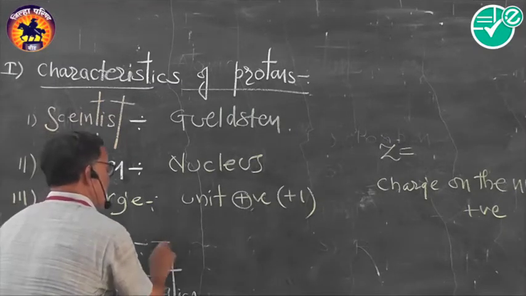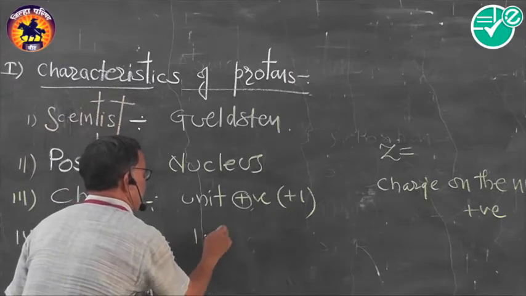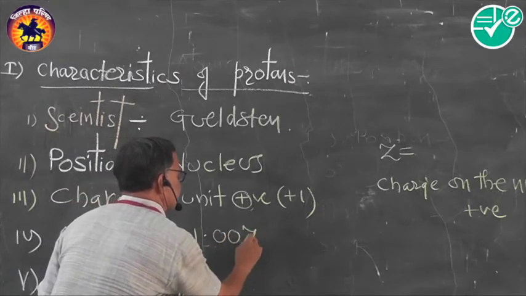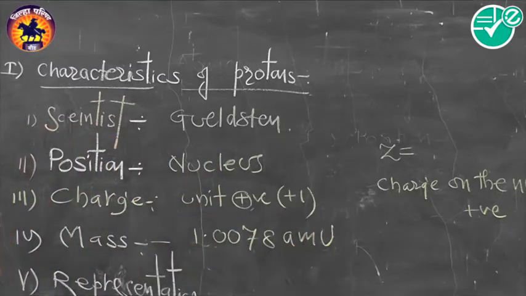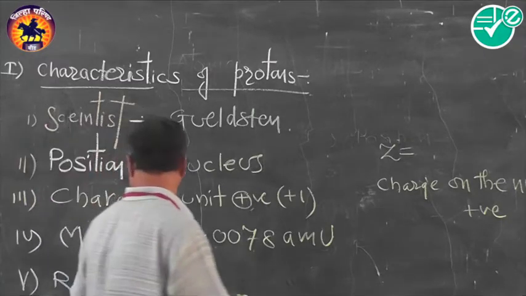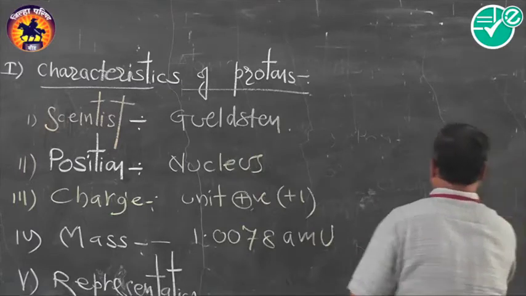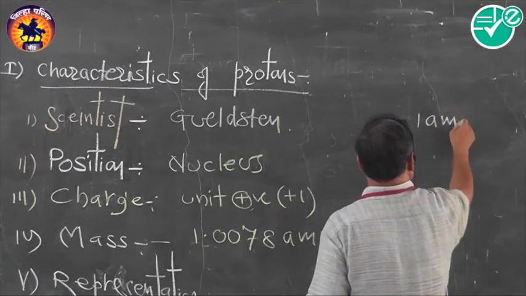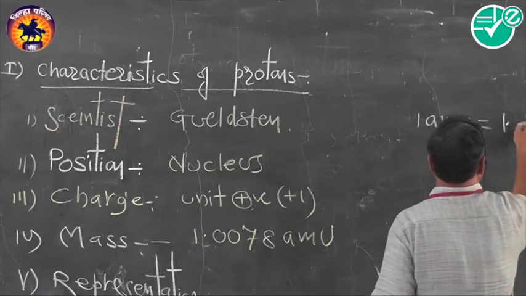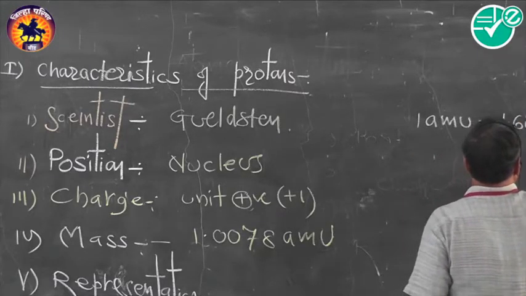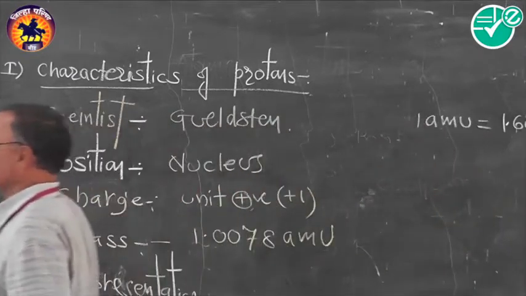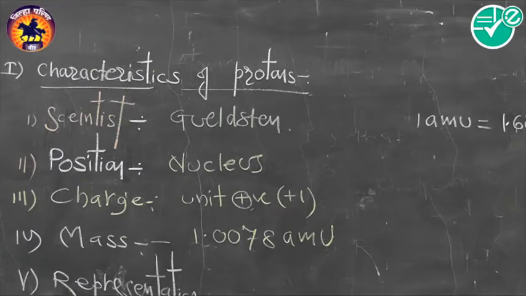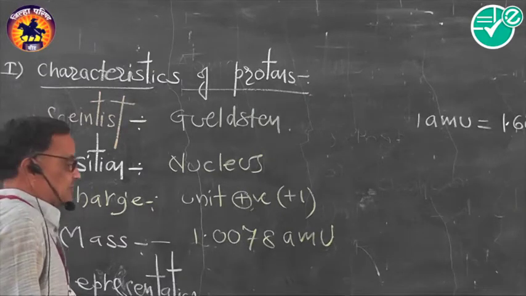Mass of proton is nothing but 1.0078 atomic mass unit. Very, very negligible mass of proton. We know that 1 atomic mass unit is equal to 1.66 into 10 to the power minus 27 kilograms.